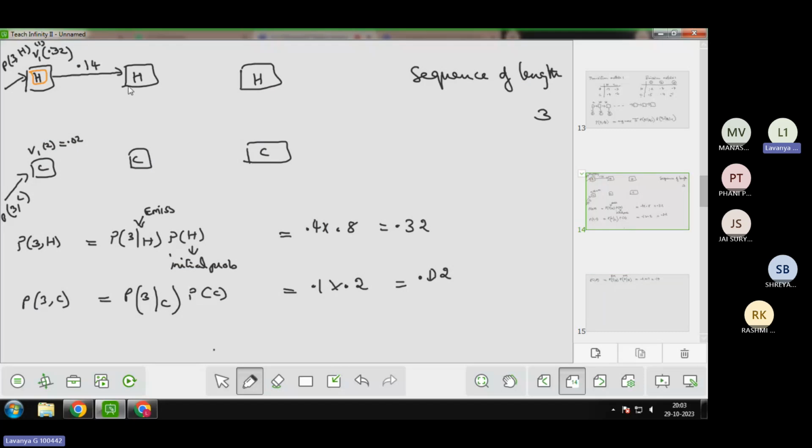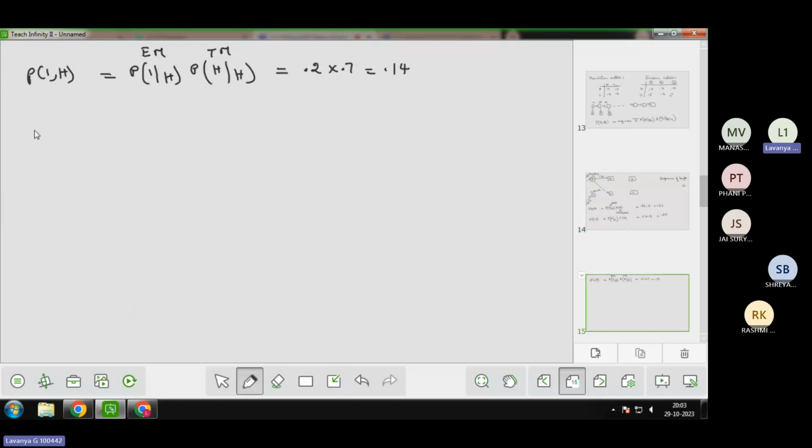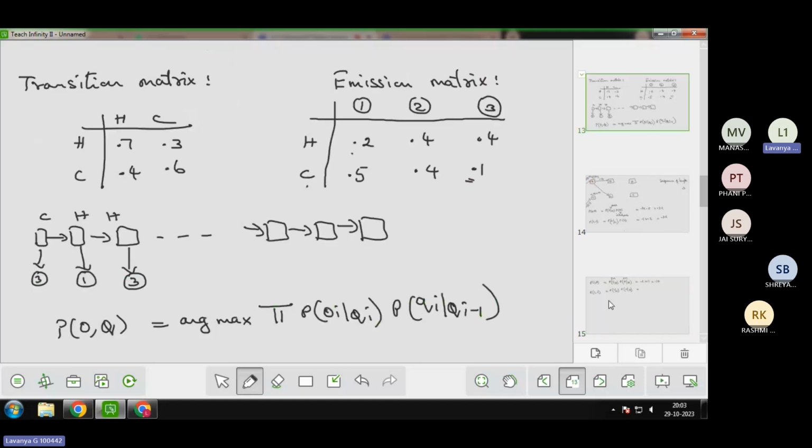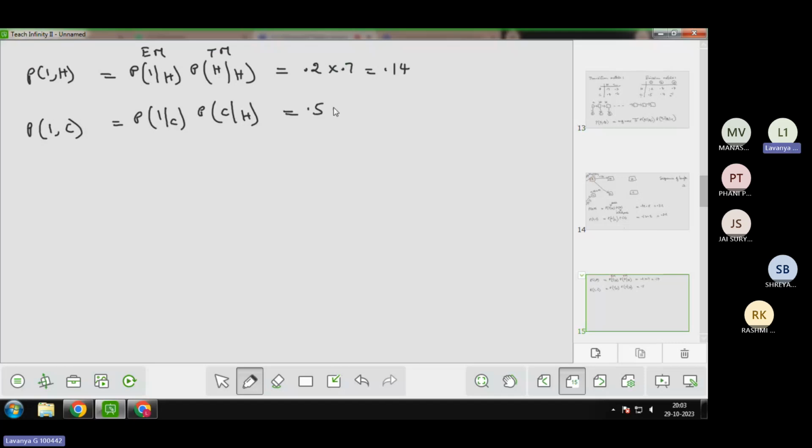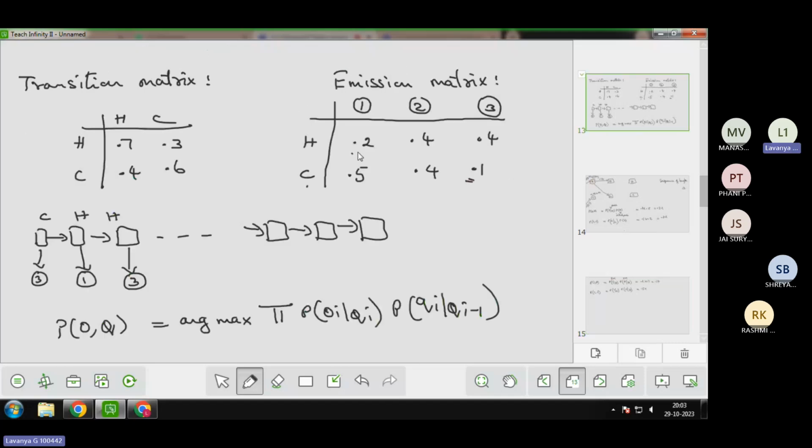Then from H I have to go to C. So how will I calculate P of 1 comma C? My P of 1 comma C would be 1 restricted to C into, I'm going to cool from a hot condition. So 1 comma C is 0.5 into from hot to cold, the value is 0.3.